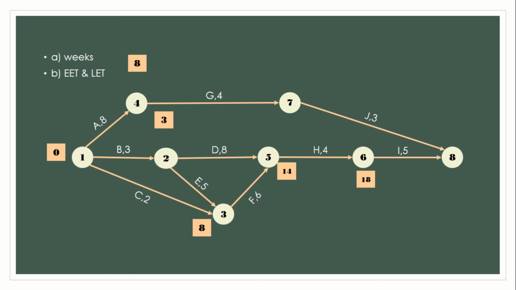And then event 7, we get 12 when 8 plus 4. Lastly, event 8, we get 23 because 18 plus 5 is larger than 12 plus 3.